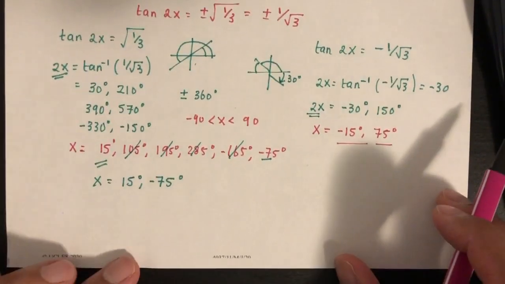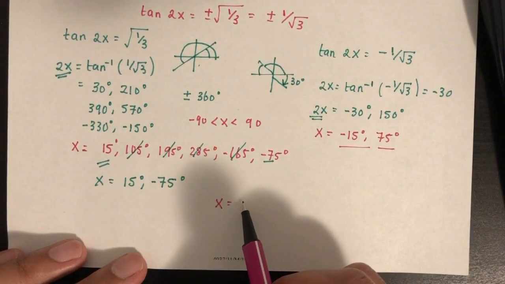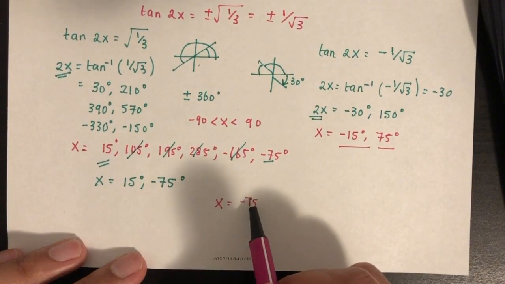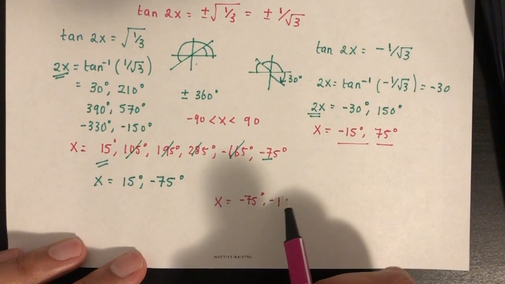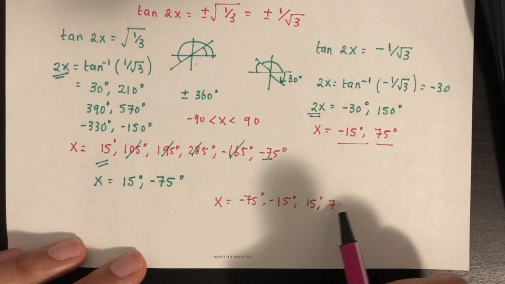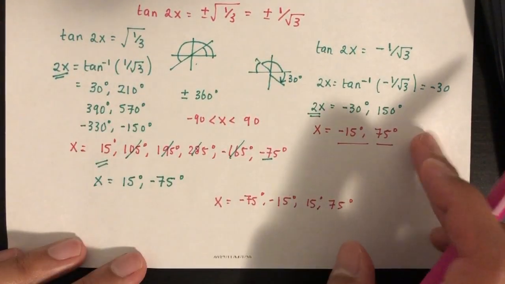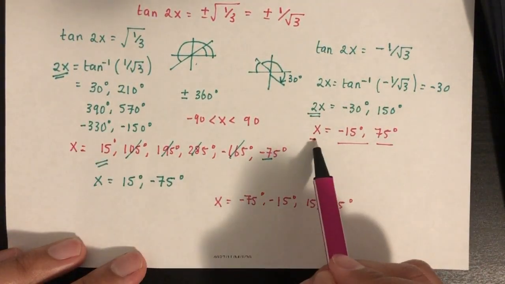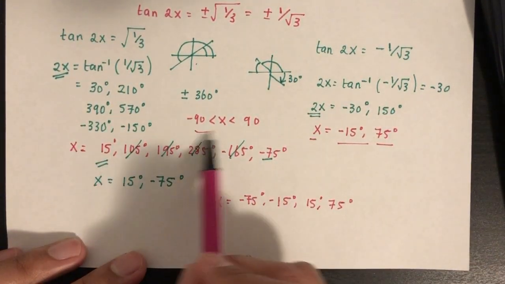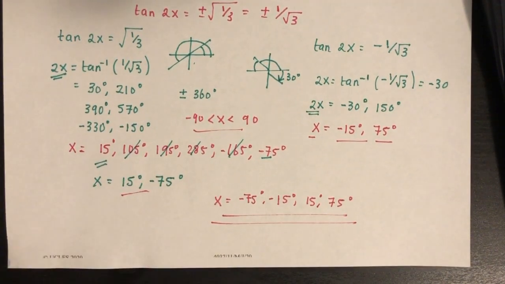So eventually x is equal to minus 75, minus 15, 15, and 75. So just the same step you do here and the same you do here as well, but eventually only these two values will be in the range. So that's why your answer will be this. That is for part 2. Now let's move on to part B.